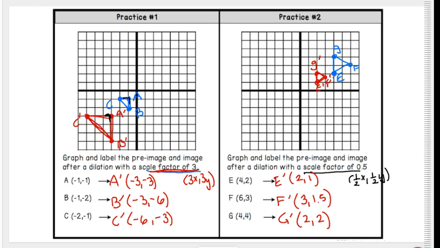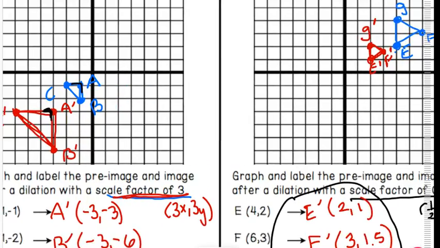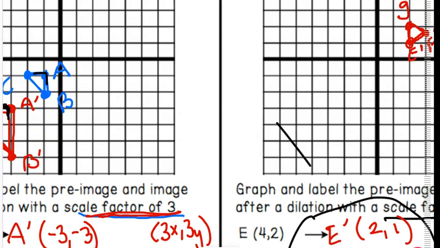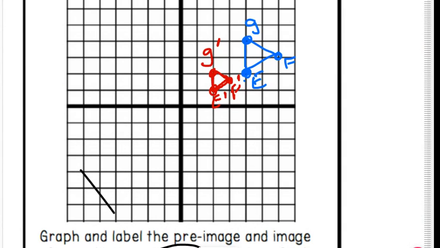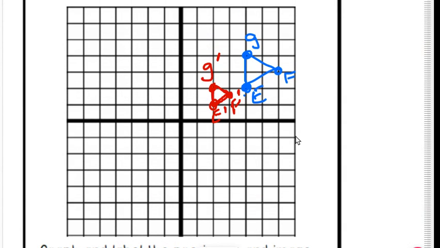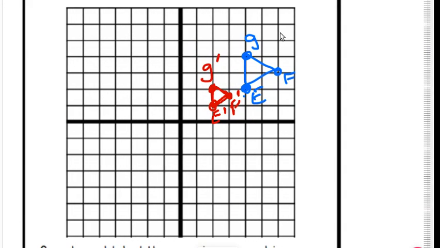Okay, so first let's double check your coordinates right here. Make sure you got the same thing I did. And then we're going to go ahead and zoom in here because my picture is really small. Okay, so point E prime was over 2 up 1.